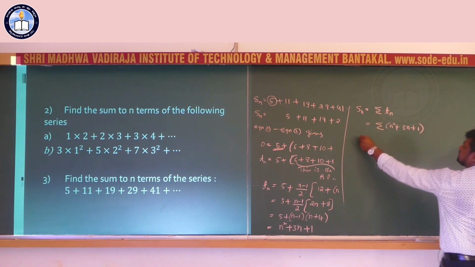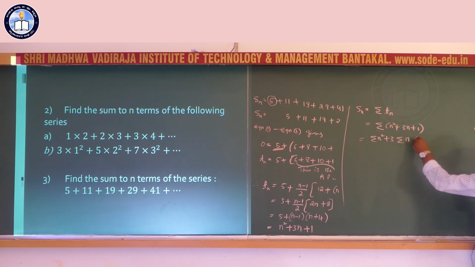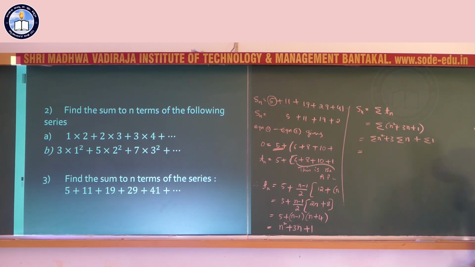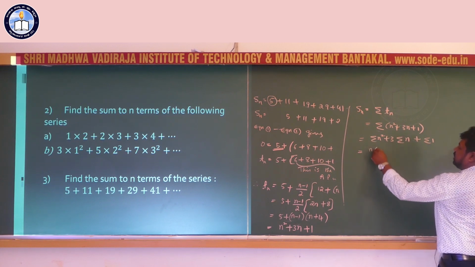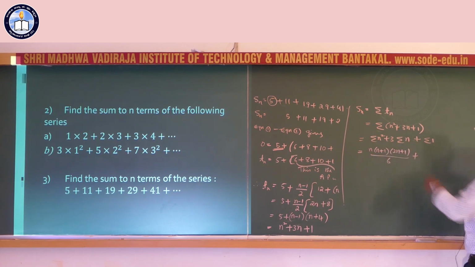That can be written as summation n square plus 3 into summation n plus summation 1. Summation n square, the sum of squares of the first n natural numbers, is n into n plus 1 into 2n plus 1 by 6, plus 3 into summation n, which is n into n plus 1 by 2, plus summation 1, which is 1 plus 1 plus 1 n times, that is n.